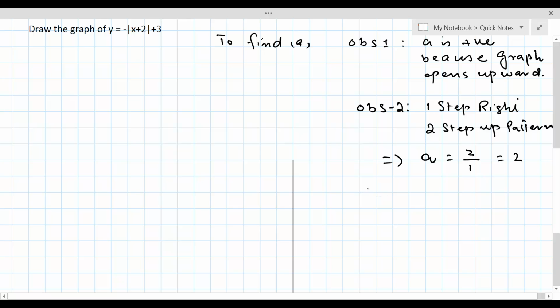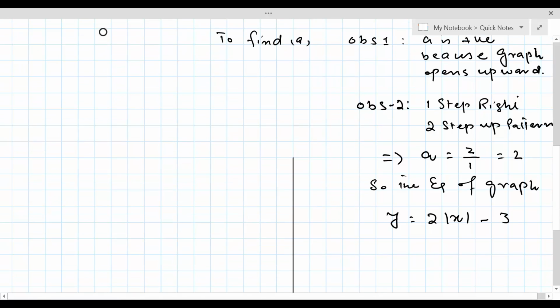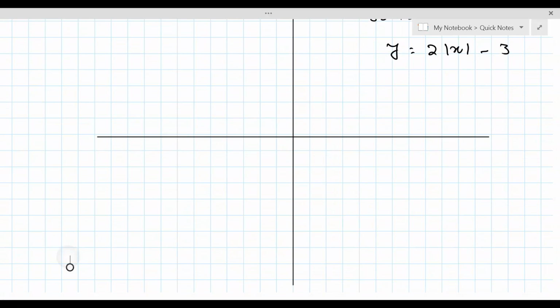So the equation of the graph is y is equal to 2 times |x| minus 3.